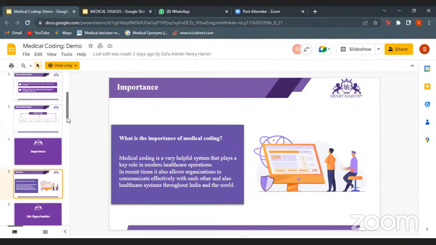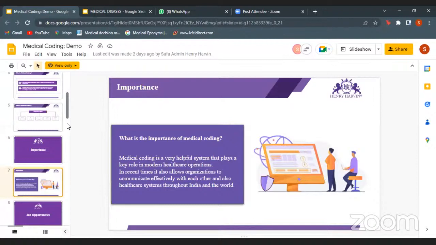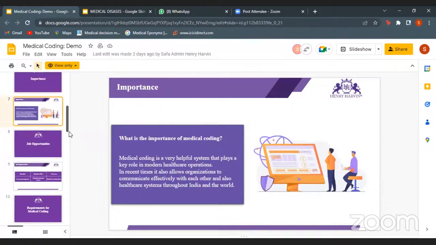So that helps not only hospitals and small doctors, but also helps the country to keep a tab on their health. So this is a very important thing as far as medical coding is concerned, because these codes are universal. Everybody can write the same code for the same condition, and anybody can read those codes.